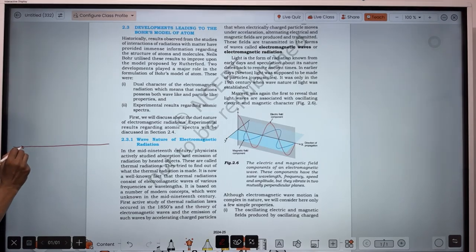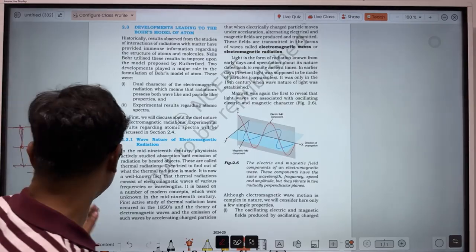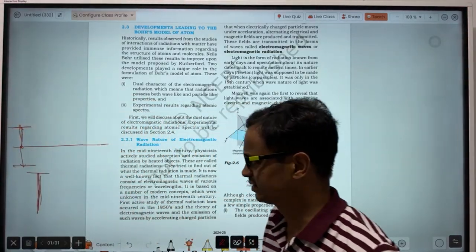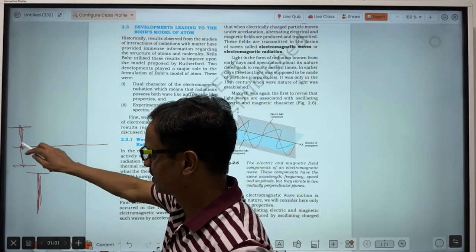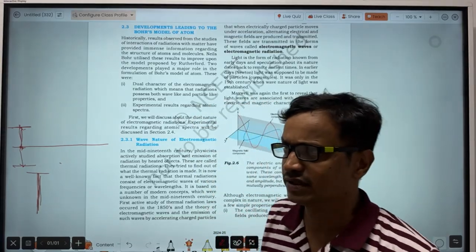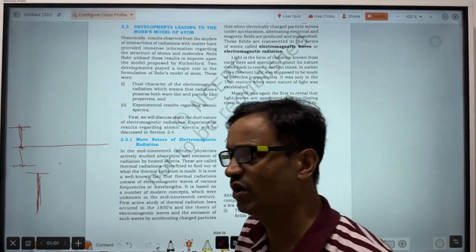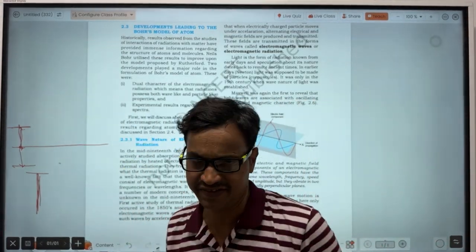This particle will go above and come below also. That means this particle will oscillate. There will be a maximum point to which this particle can go. That will be called the amplitude of the wave.